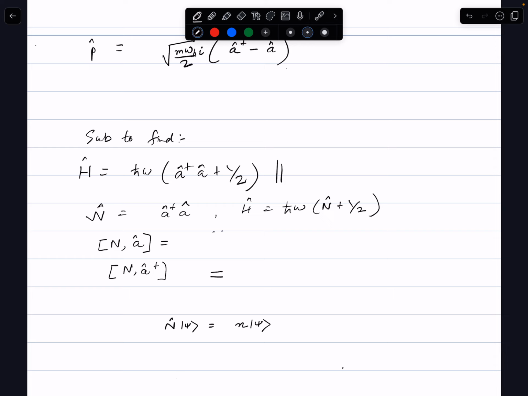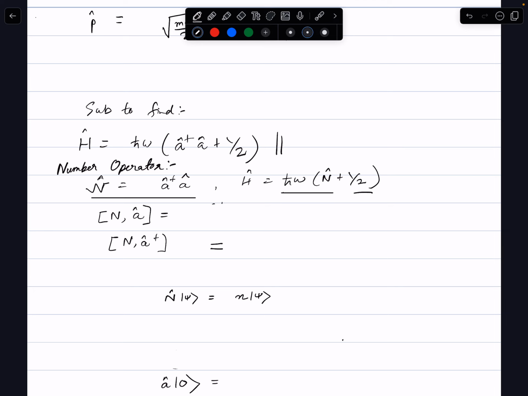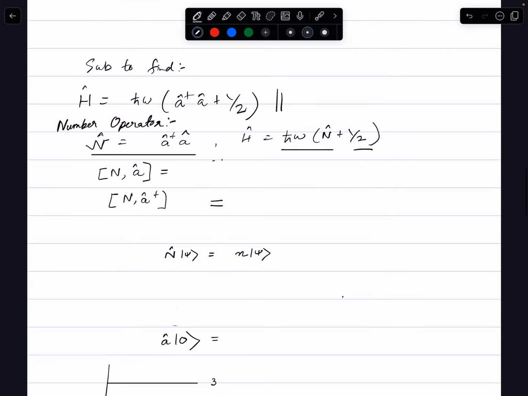Now we introduce something called the number operator. Number operator n, which is defined as A dagger A. So the Hamiltonian and number operator are just simply related: ħω (n plus half). So this is the Hamiltonian in terms of what I have called the number operator. Why it's called number operator becomes clear very soon. But let's take this commutator of n and A dagger.